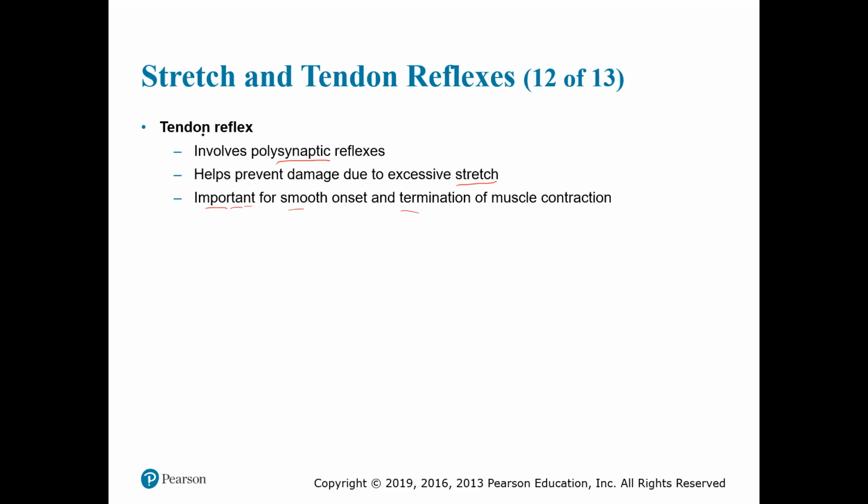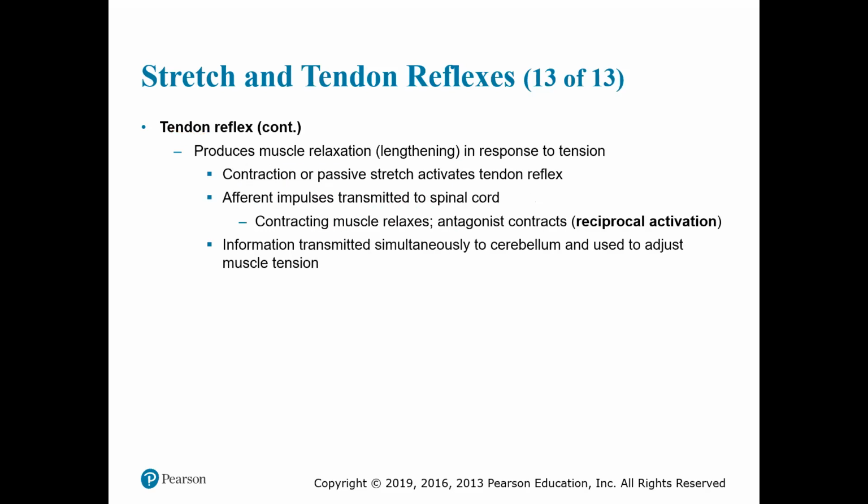So the tendon reflex is different than the stretch reflex. This is a different reflex, and it's a different receptor. So the ultimate output is going to be relaxation, and the agonist is the muscle that's going to relax. In this case, the quadricep again, but it's inhibited this time. So the antagonist would have to contract to cause relaxation of the agonist. And of course, there is information sent to the cerebellum because it's about motor.